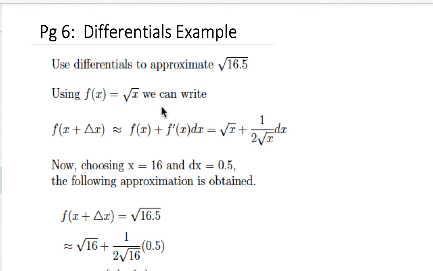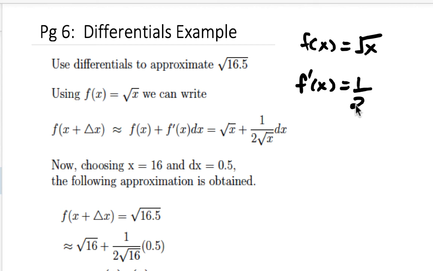Now, what's f prime of x? Given f(x) is square root of x, f prime of x is 1 over 2 square root of x. When we plug in these values, we get root of x plus half times 1 over square root of x dx.